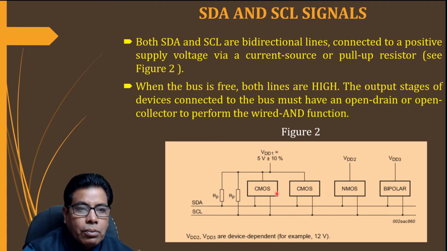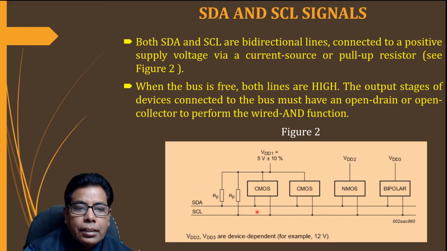In order to perform the wired AND function, here you can see in this figure, these are the two lines, serial data and serial clock, and they are connected to the supply voltage with the help of these two pull-up resistors.